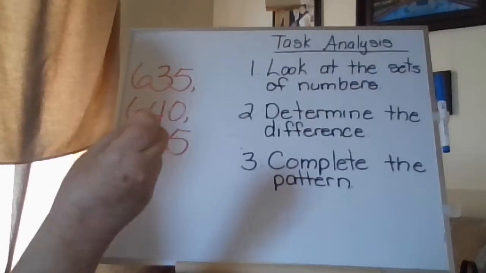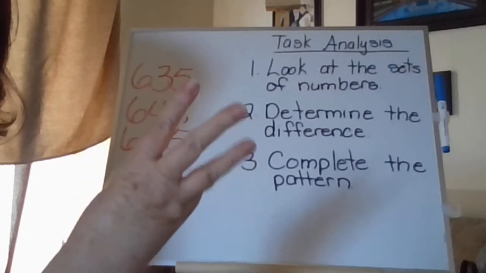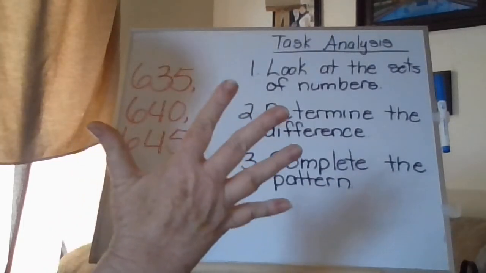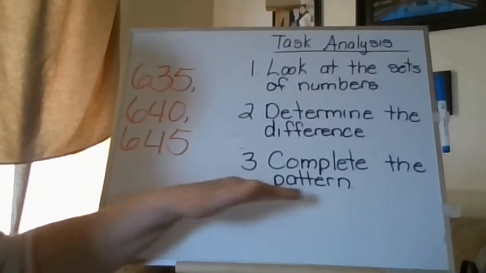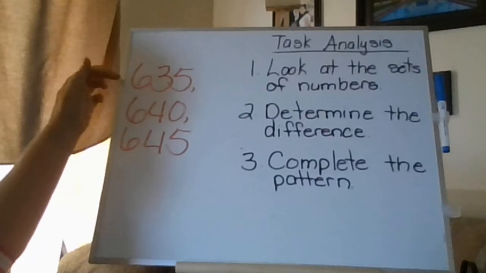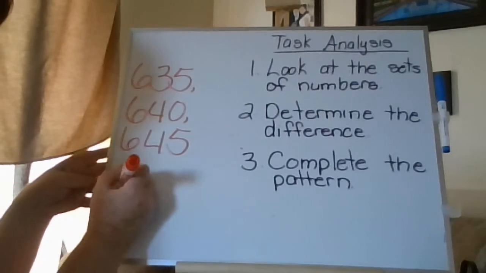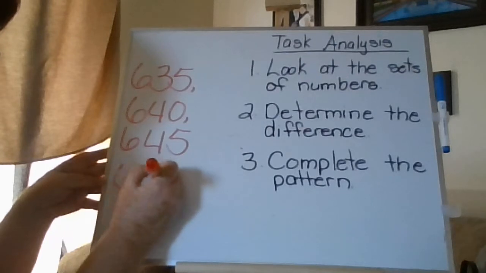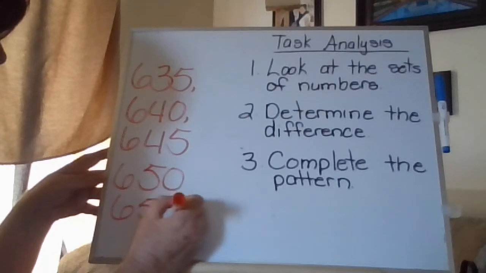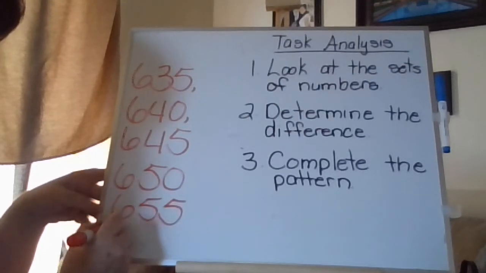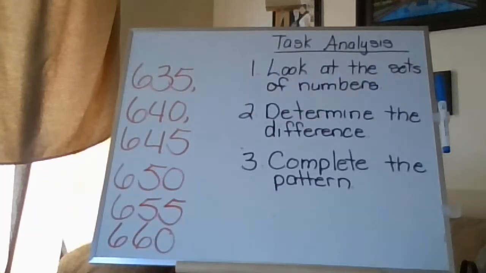So 635, 636, 637, 638, 639, 640. Our difference is 5. So we're going to skip count by 5 and our pattern will continue in 5. 635, 640, 645, 650, 655, and 660. Great job, boys and girls.